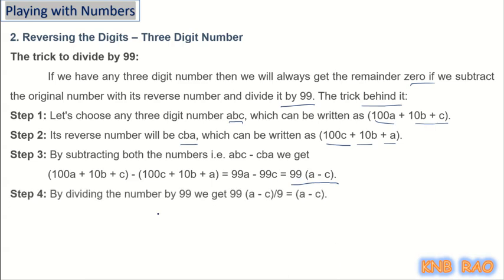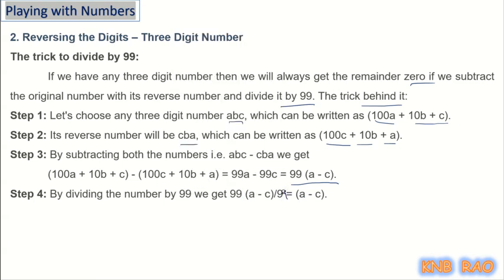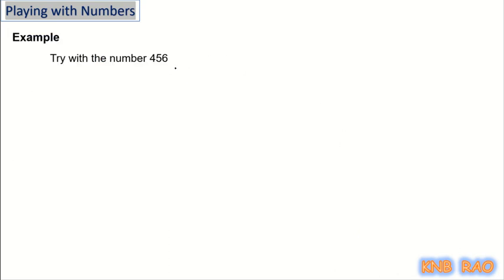So, this 99 times (A minus C) is divisible by 9 as well as divisible by 99, and gives you quotient A minus C. This shows that the remainder will always be 0 in any case, for any number. Okay, so we will try for the number 456.